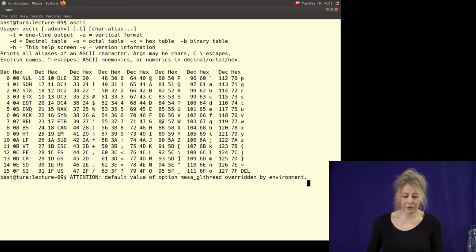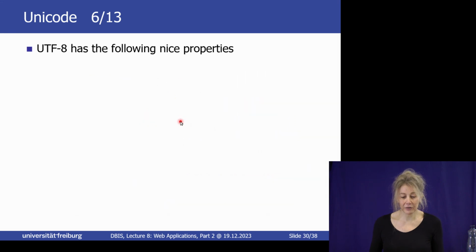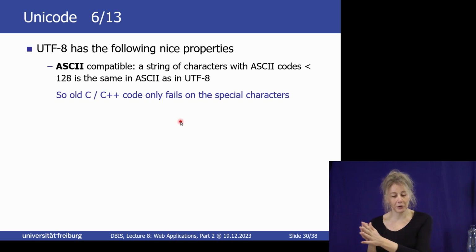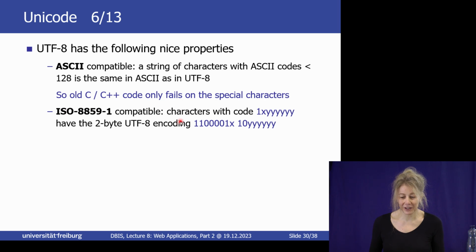So if you just write the 87, the capital W, it's the same in UTF-8 and in ASCII. Which is great because it means that old code will not break if there are no special characters in them. If you have a sequence with only very normal standard characters, it will be a valid sequence in UTF-8 as well. So that's a good thing that they did that.